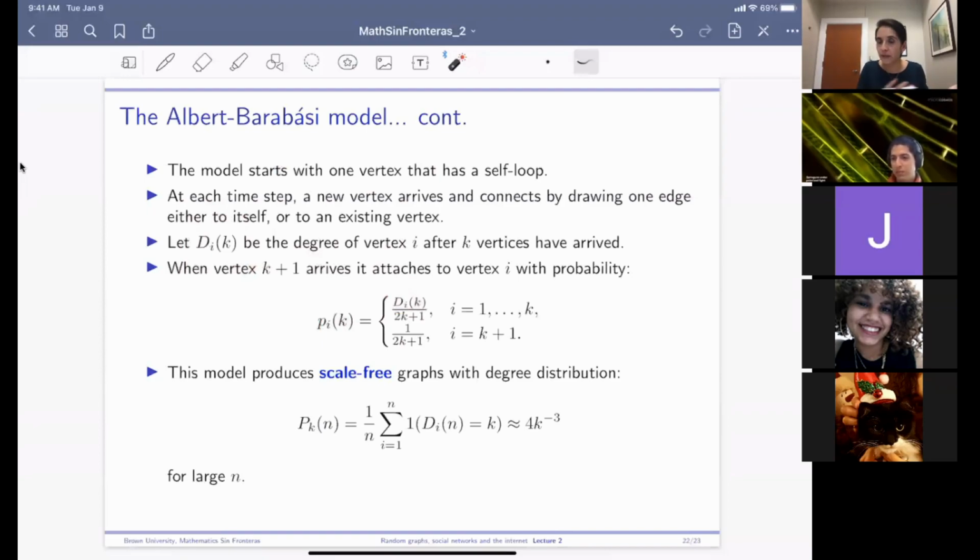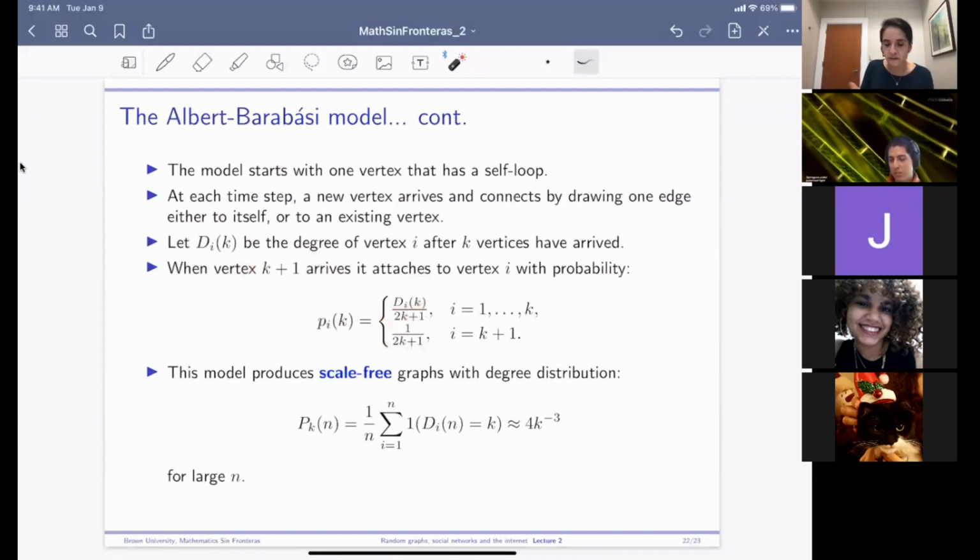Well, I'm going to pick who to connect to with a probability that is proportional to the degree. The denominator is just the sum of the degrees, so that everything adds up to 1. And I can also decide to stay isolated if I want to. So it's probability 1 over the number of edges out there. I can also just connect to myself with a self loop.